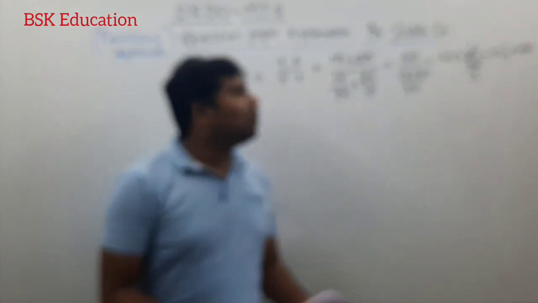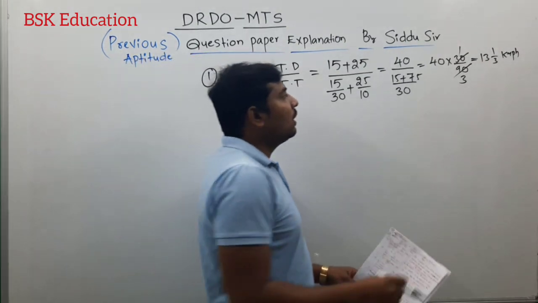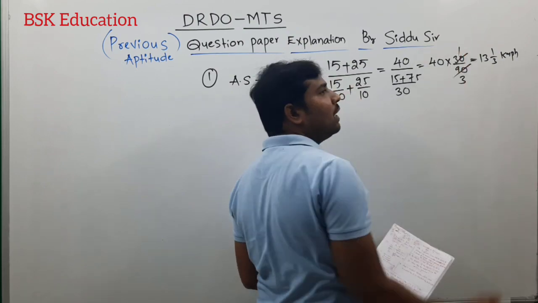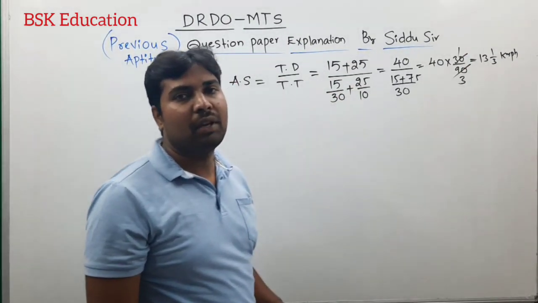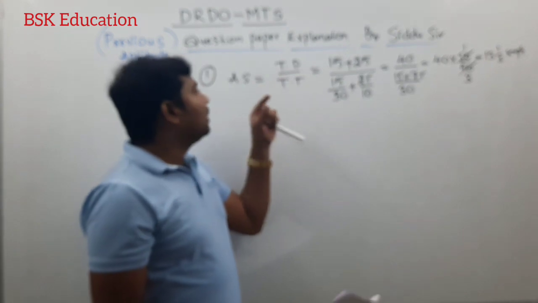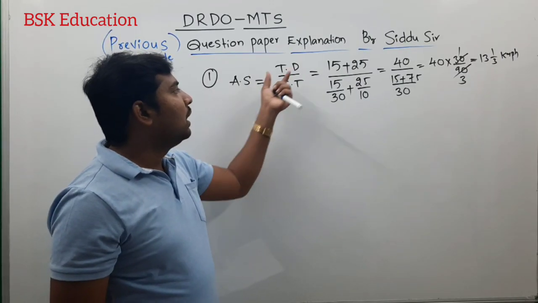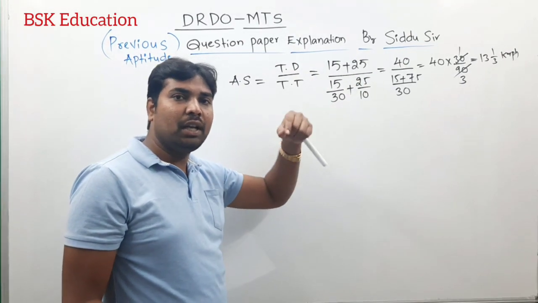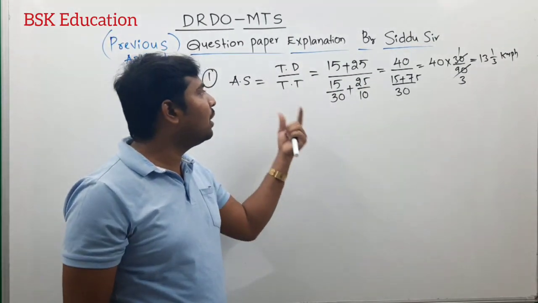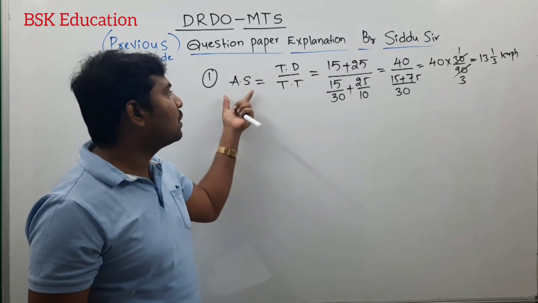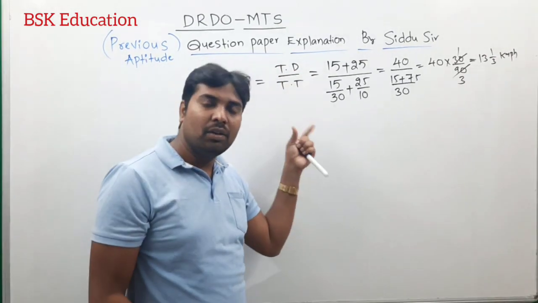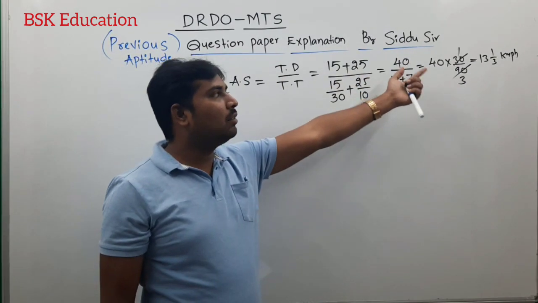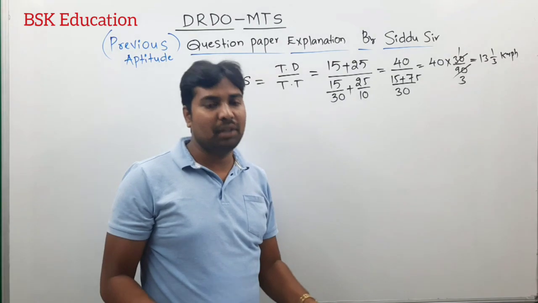Simple thing. The given option is 40 divided by 3, but I simplified it to 13 1 by 3 kilometers per hour. It asked about the average speed, with two distances and two speeds given. Average speed is total distance divided by total time, so using this small formula I calculated 13 1 by 3 kilometers per hour.